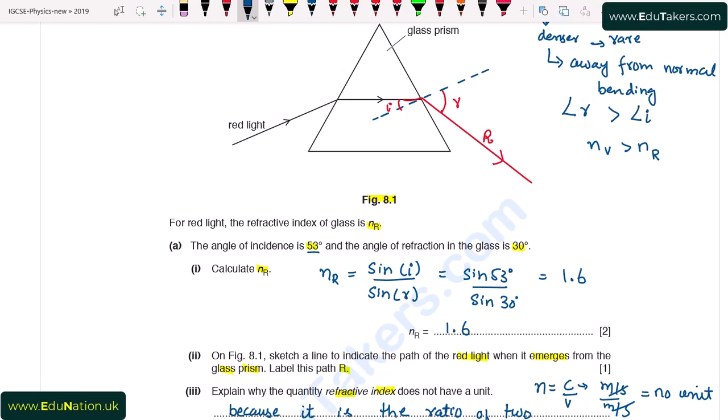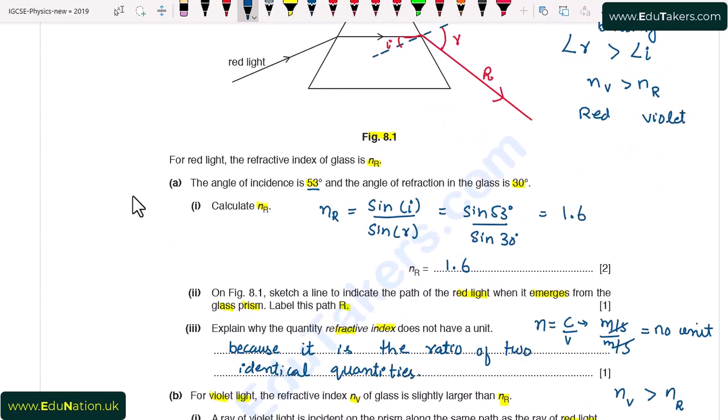We know that red light has longer wavelength, while the violet light has shorter wavelength as compared to red. That's why the frequency of red light should be smaller and the frequency of violet light should be larger.